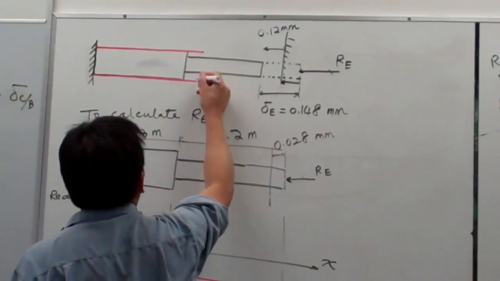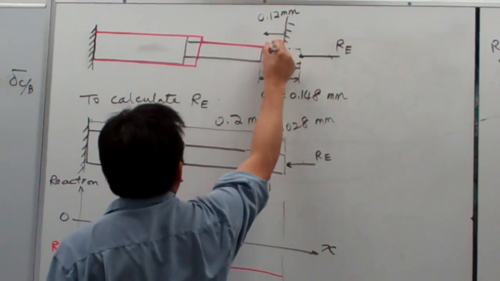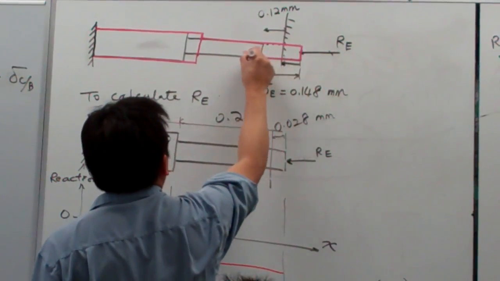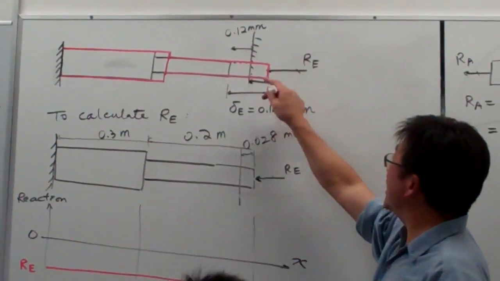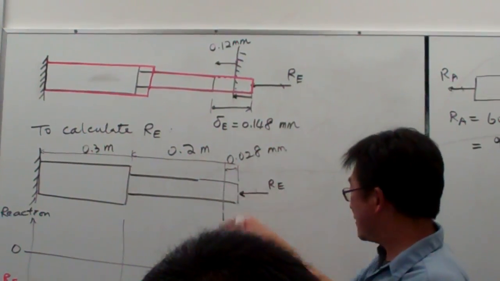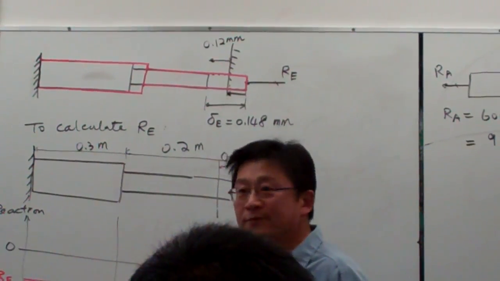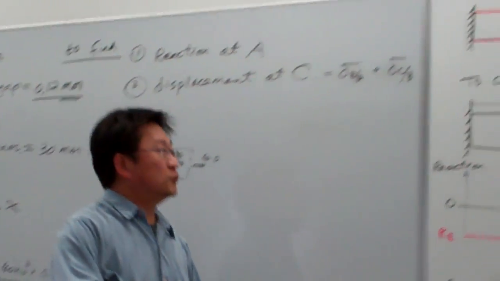Here I exaggerate the deformations, just like this. But you can see the little bit of extrusion into the wall is not allowed, and that amount is what we calculated, right? The reaction RE tries to prevent that protrusion.